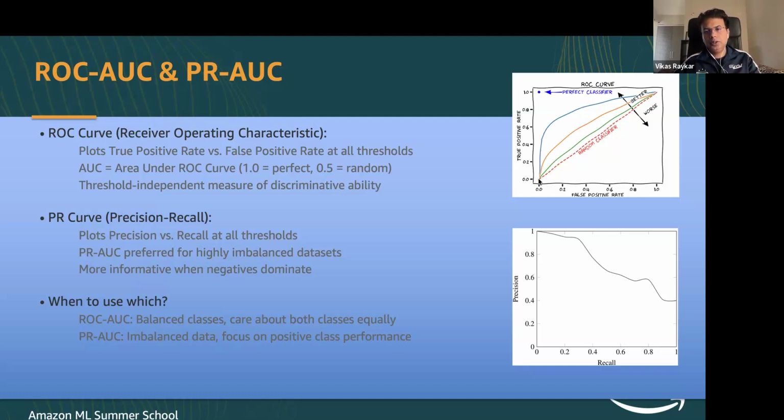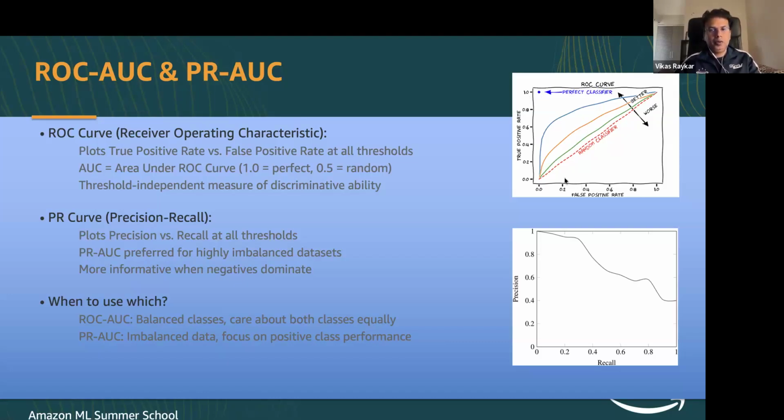In this plot, the dotted diagonal is a random classifier, and this blue dot is a perfect classifier. The random classifier will have an AUC of 0.5, whereas the perfect classifier will have an AUC of 1. The better the classifier, the closer the AUC will be to 1.